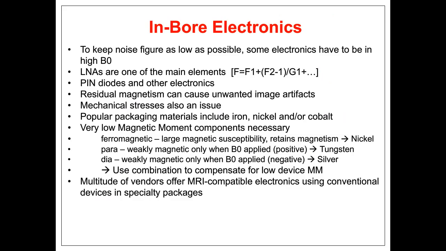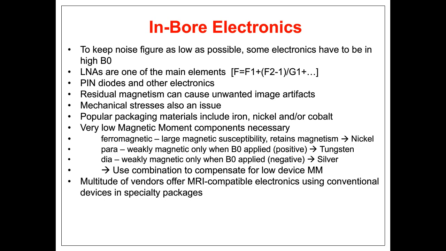Now, all this time I've been talking about these electronics, LNAs, PIN diodes, quadrature hybrids, and so forth. With miniaturization, those can actually all go inside the board. And that makes sense because you'd like to be able to at least get your high gain LNAs as close to the antenna/coil as possible.